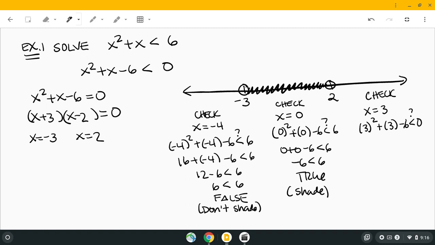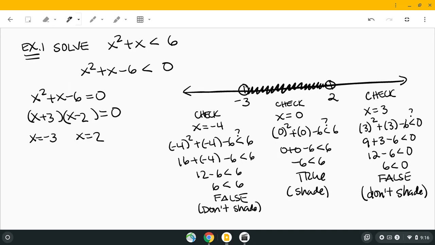Let's check. Is it less than 0? So 9 plus 3 minus 6. 9 plus 3 is 12. 12 minus 6 is 6. 6 is less than 0? Nope. That is false. So we don't shade this region.